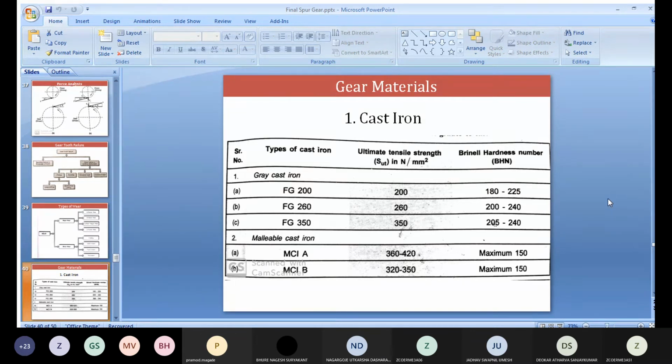You may remember SE, KA, KB, KC, KD; that was high endurance strength. Second, it should have low coefficient of friction.